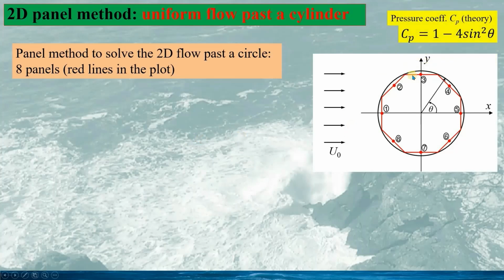Since this is a simple potential flow, we have the theoretical solution for this. The pressure coefficient Cp would be given as 1 minus 4 sine squared theta, where theta is the angle from the x-axis, see here.